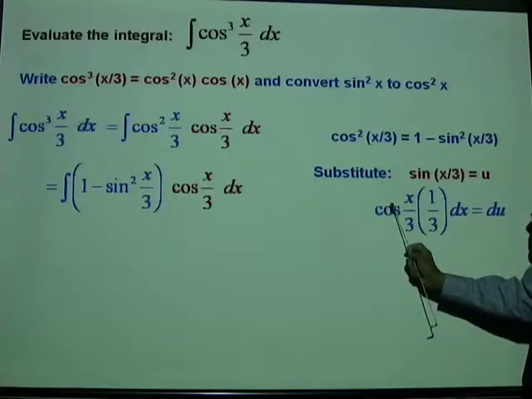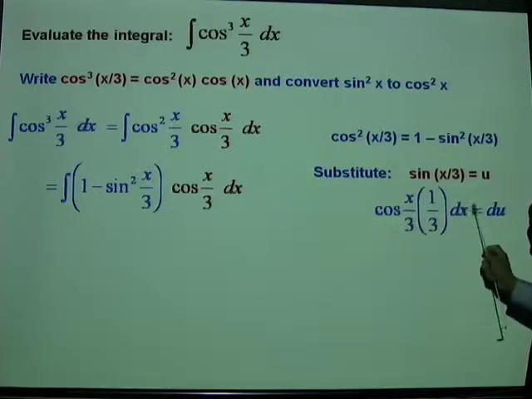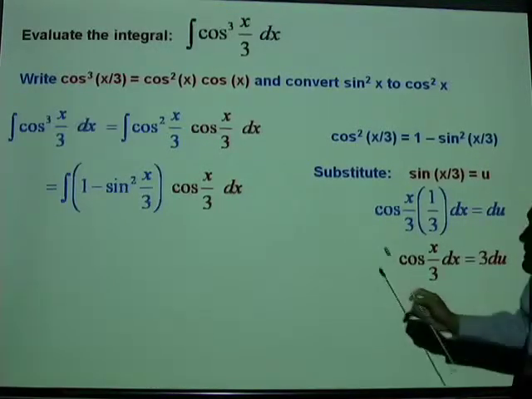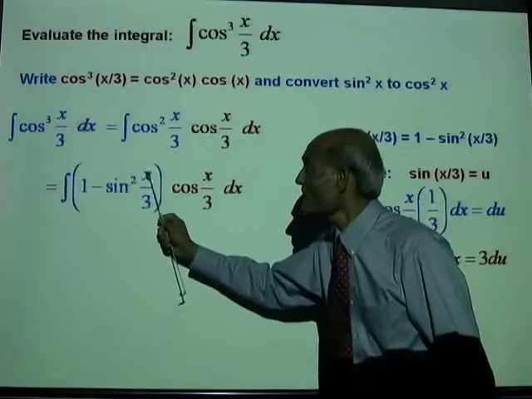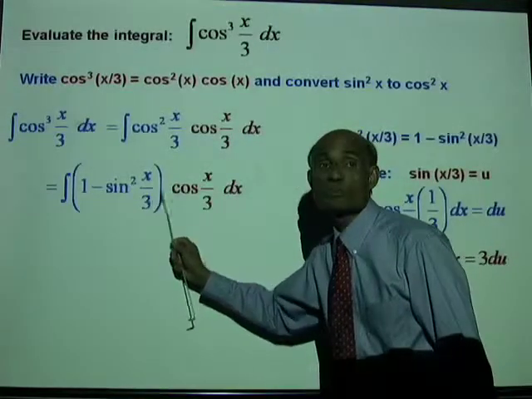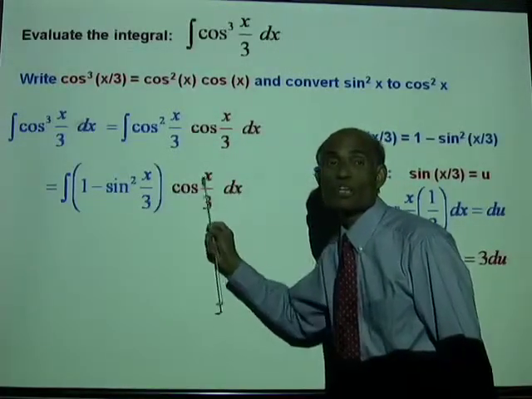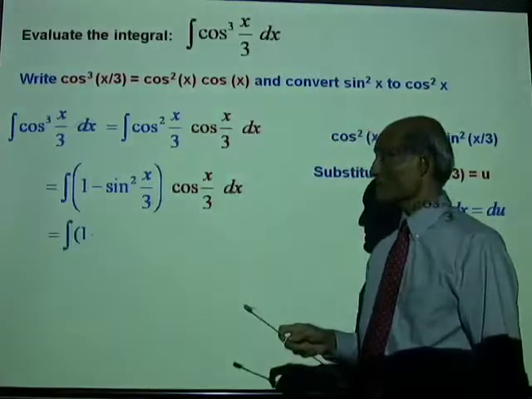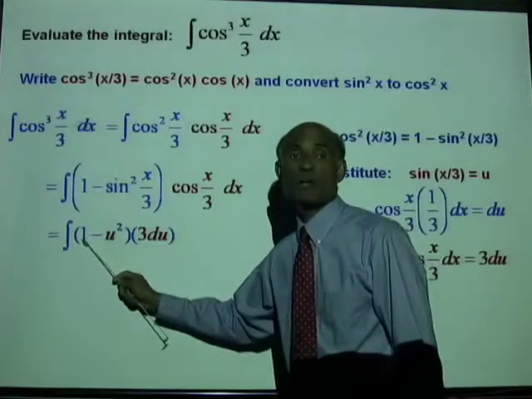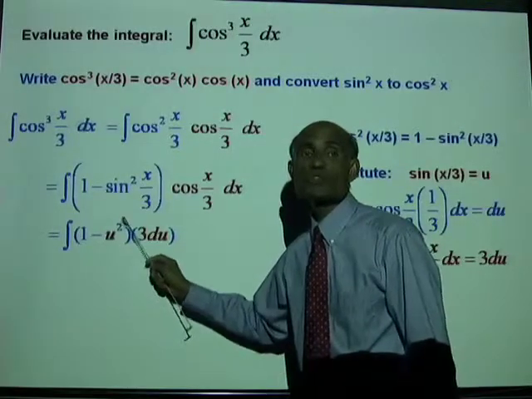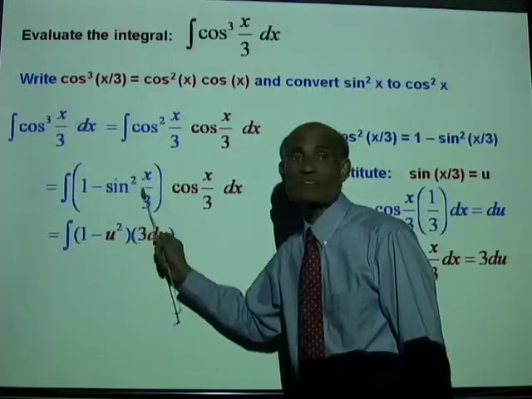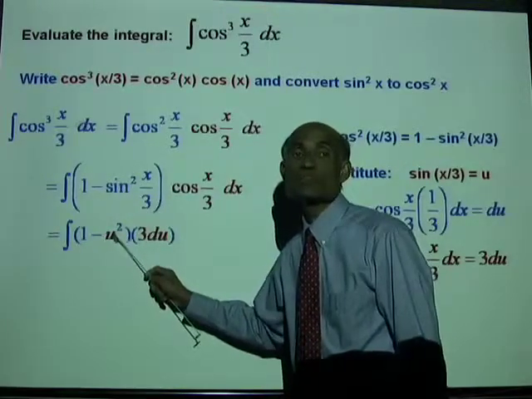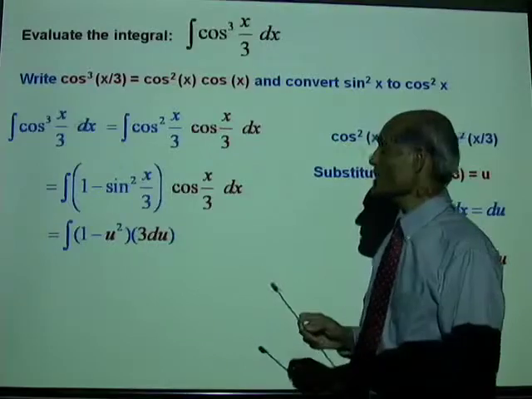And that will give you cos x over 3 dx is 3 du. There you go. And so when sine x over 3 becomes u, cos x over 3 dx becomes 3 du. Let's replace that. That will be integral 1 minus u squared, is that right? Sine x over 3 is u, sine squared x over 3 is u squared, times 3 du.